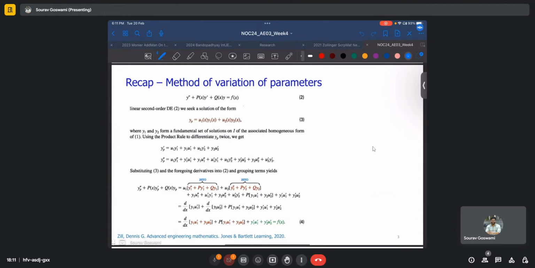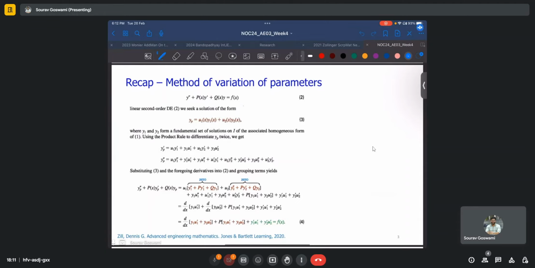So let's get started. One remnant from the ordinary differential equations module was the method of variation of parameters, which we have not gone over. So we'll do that first. Say for any linear second order DE, which is given in standard form here: y double prime plus some function p of x times y prime plus some function q of x times y equals f of x.